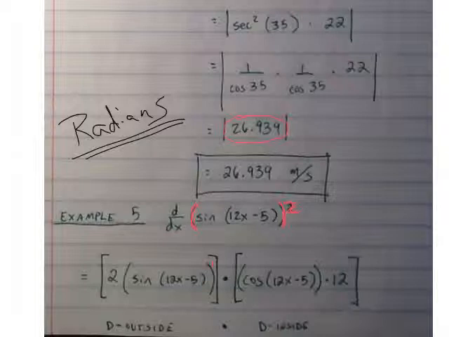So that was the power rule, and then we need to multiply that all by the derivative of the inside. Well, the inside is in itself another composite function. So first we take the derivative of sine, which is cosine, times the inside, and then we take the derivative of the inside. So this is a 3-function composite function.